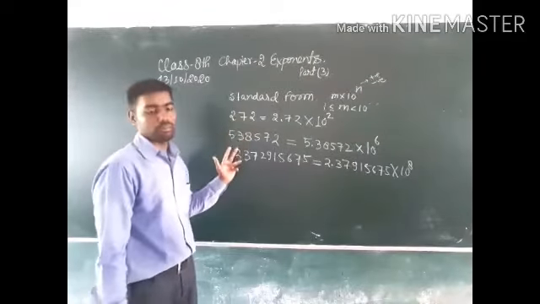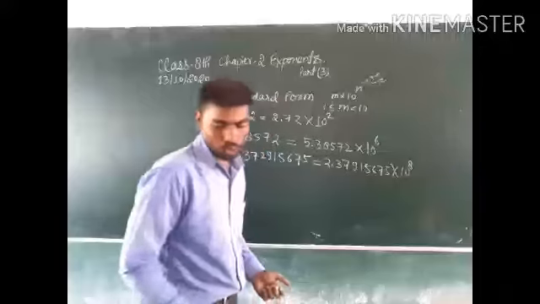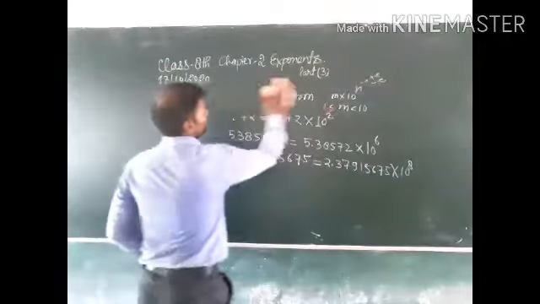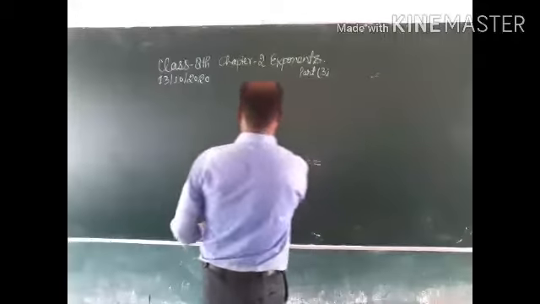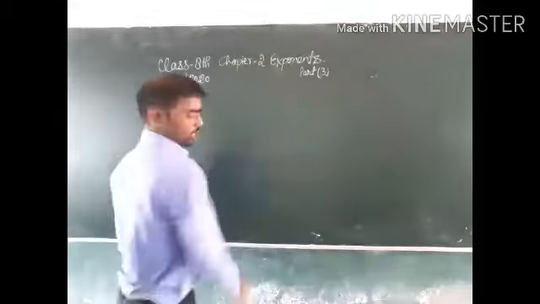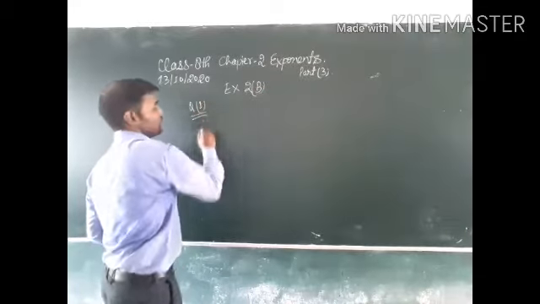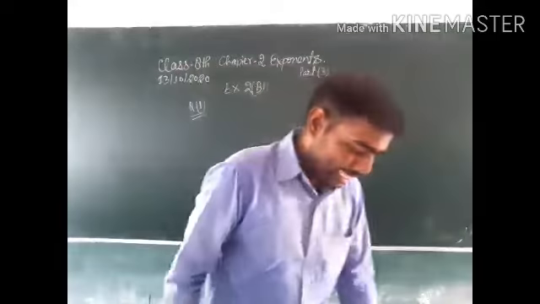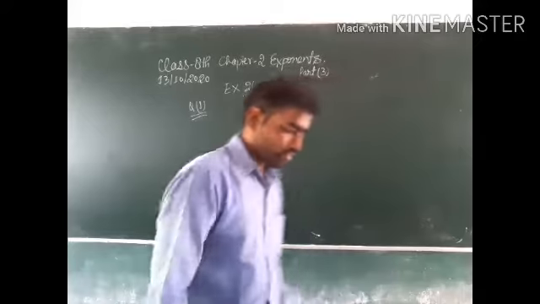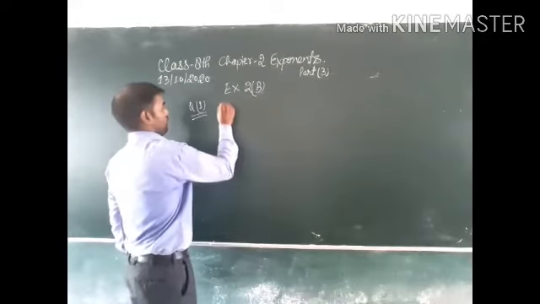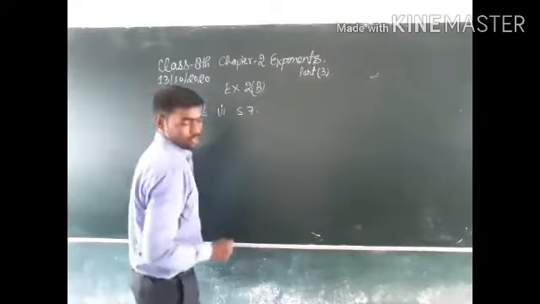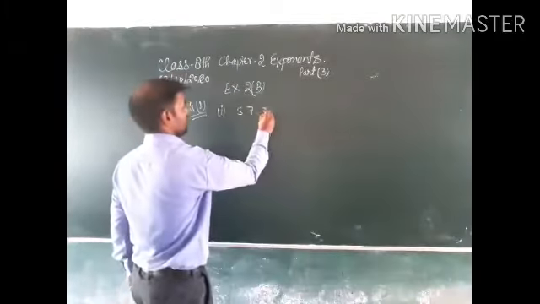So today we saw exercise 2b. The question is, write each of the following numbers in standard form. First number 57.36.